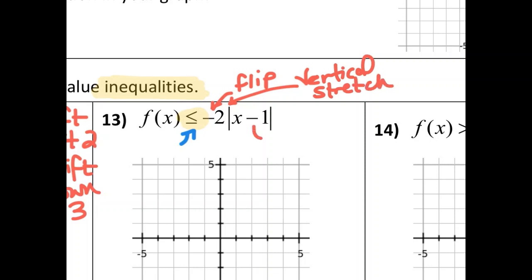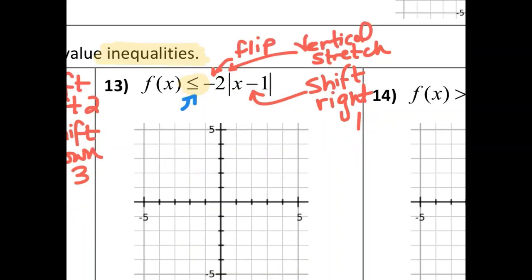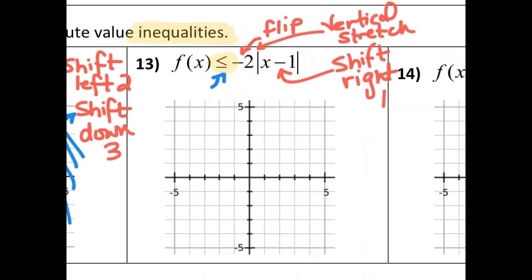And my minus 1 on the inside is going to be a shift to the right. So I'm going to take my vertex and shift the vertex to the right 1. Notice that there's no up or down shift, and so that vertex is going to be on the x-axis. With the flip, the V shape is going to open down, and the slope is 2, so it's going to go like this, and then symmetrical on the left.